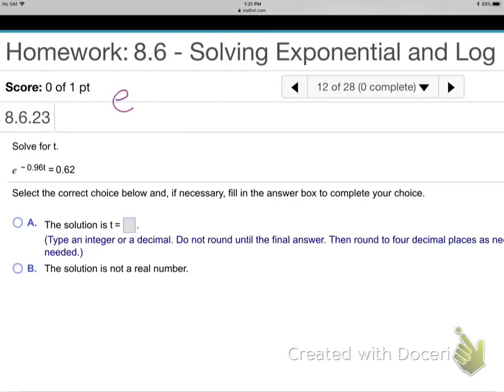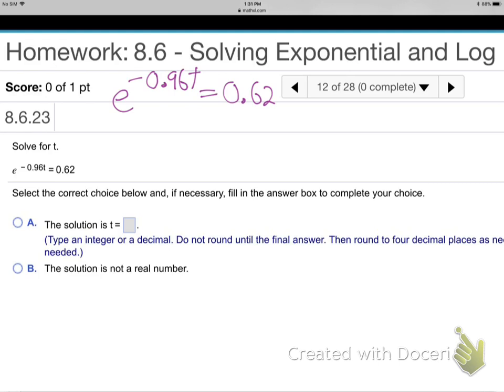So we've got e to the minus 0.96t equals 0.62. So try that one.